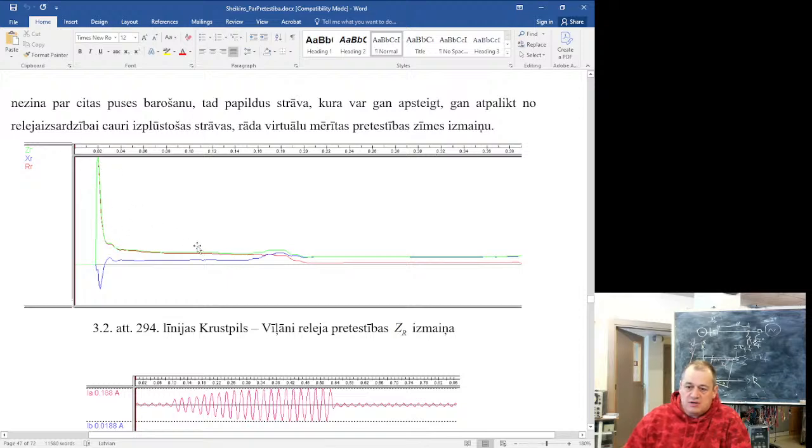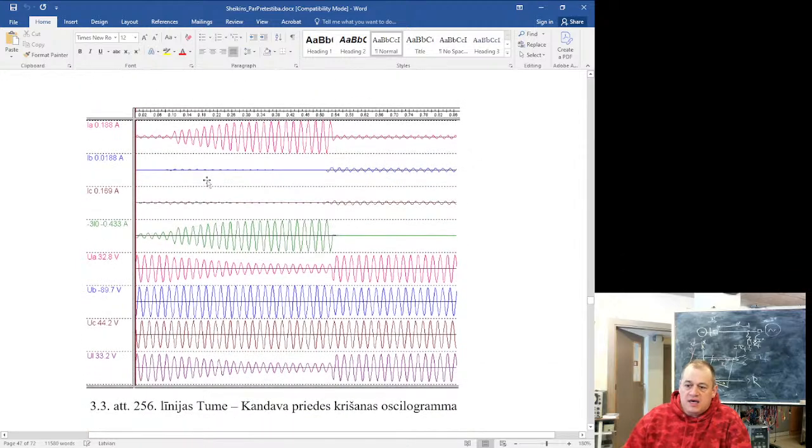See what happened? Next one, a tree fault. It's a pine tree on a 110 kilovolt line. See how current is growing? It's a characteristic for local trees. They are not burning instantly. For some time they withstand line voltage.